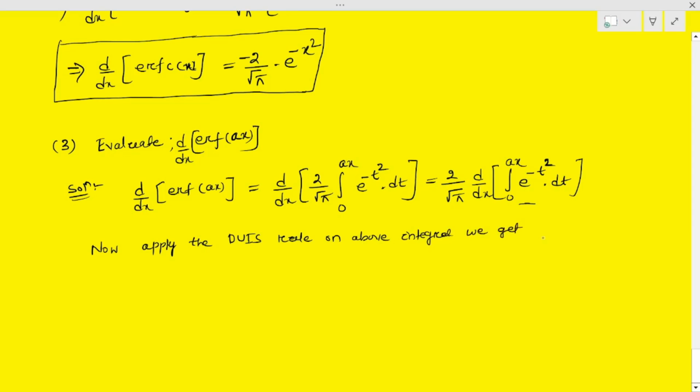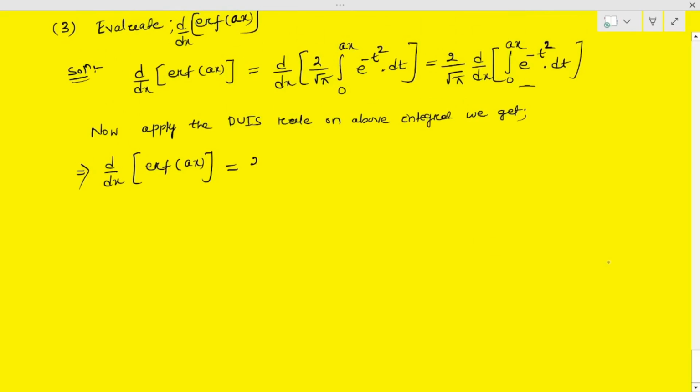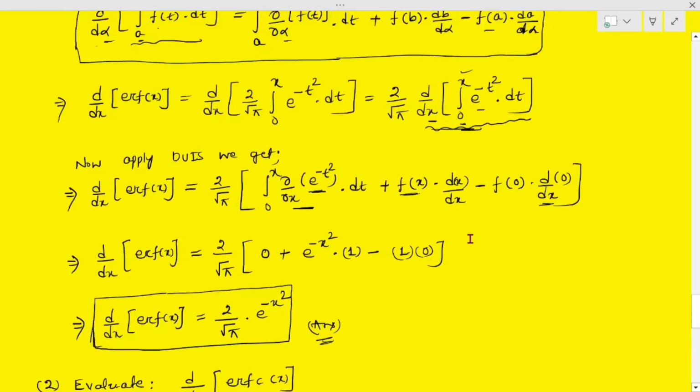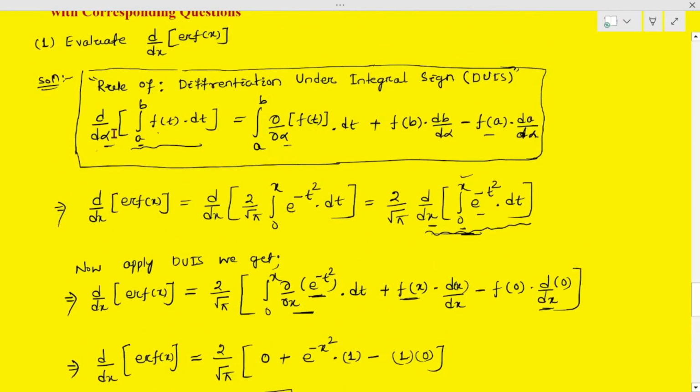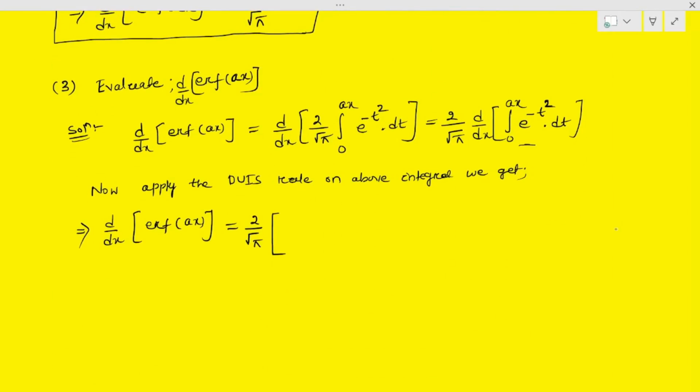We get, d by dx of error function of ax will be equal to 2 by root pi, the constant, written as such here. By applying DUIS: the first term is differentiation with respect to x of the integrand, then the second term is f of higher limit times the differentiation of the higher limit, then the third term is f of lower limit times the differentiation of the lower limit.